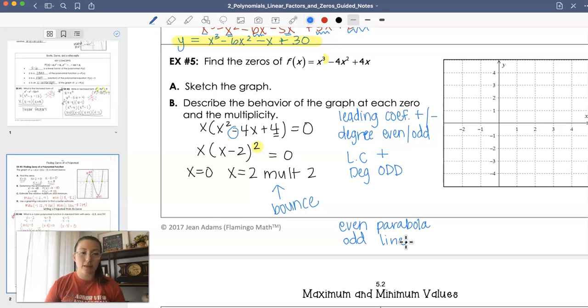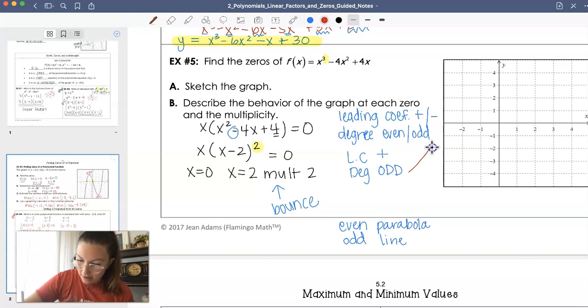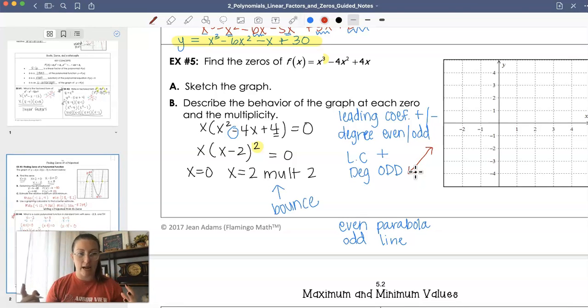A positive line would look like this, and a negative line would look like that. So this leading coefficient is positive and the degree is odd. I'm thinking positive line, so my end behavior would be the same as a positive line.